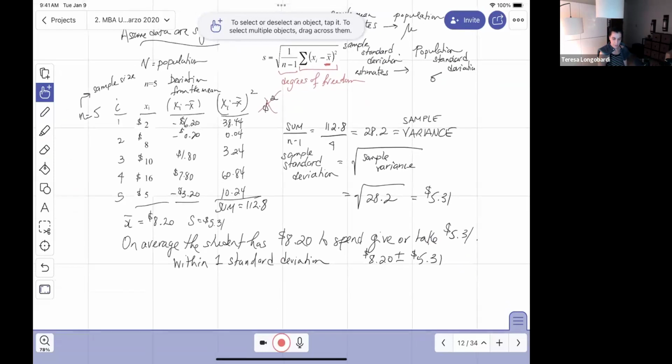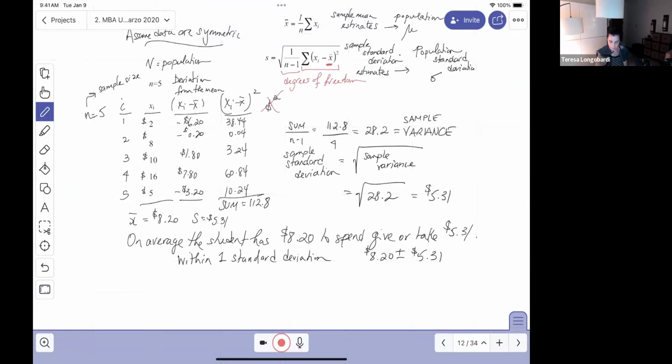So she can have between $8.20 minus $5.31, which is $2.89, to $13.51. So you add the 5.31 and you subtract the 5.31.